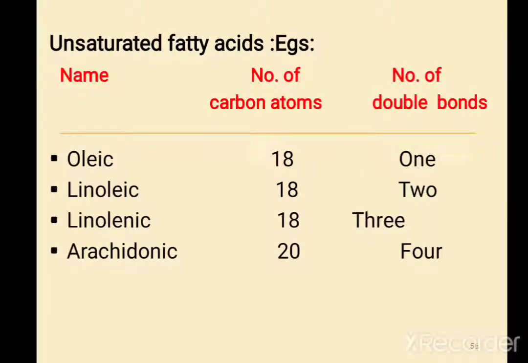The second one is linoleic acid, which contains 18 carbon atoms and 2 double bonds, and alpha linolenic acid, which contains 18 carbon atoms but 3 double bonds, and arachidonic acid, a 20 carbon compound containing 4 double bonds. So linoleic acid, alpha linolenic acid, and arachidonic acid are examples of polyunsaturated fatty acids, and oleic acid is an example of a monounsaturated fatty acid.